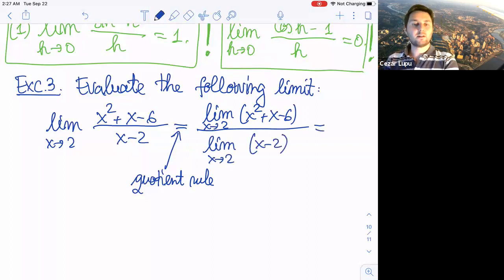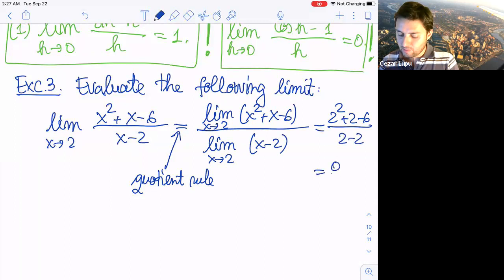And now let's compute each limit. If you plug it in, it will be 2 squared plus 2 minus 6 over 2 minus 2. And this will give us 0 over 0. Oh my goodness. This guy is 0 over 0.